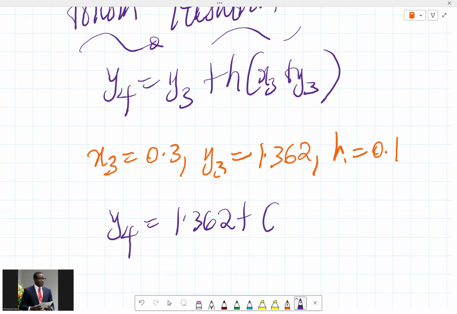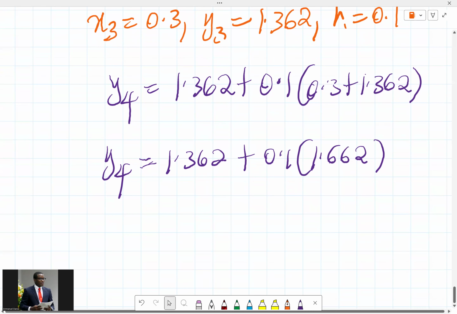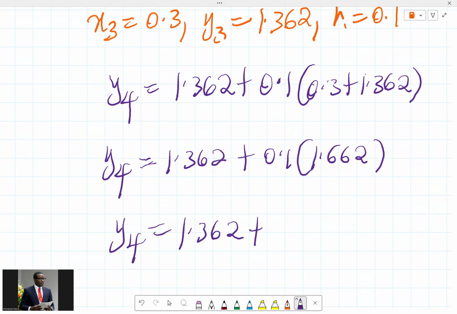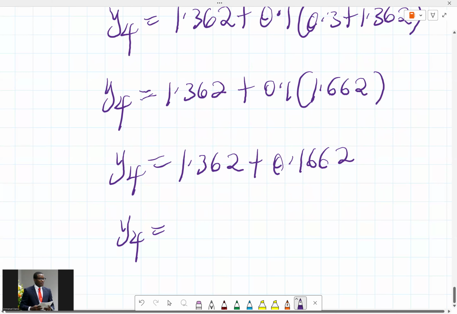Okay, so y4 is equal to 1.362 plus 0.1 into 0.3 plus 1.362, that's 1.662, I believe. That's 1.662. So y4 is equal to 1.362 plus 0.1662.